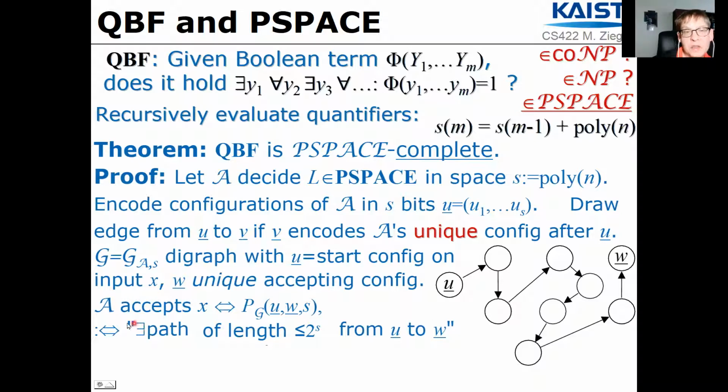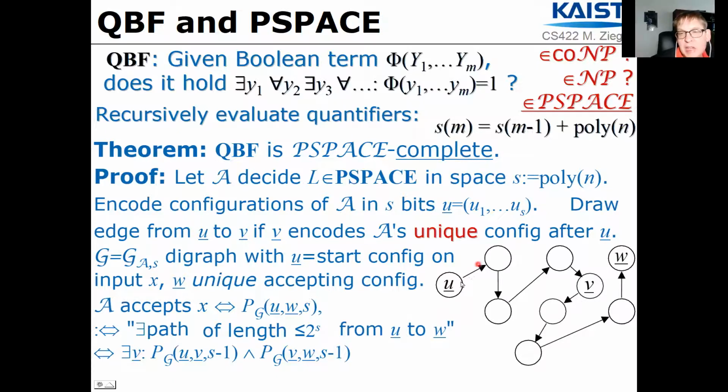Also, it's very informal, that's why it's put in quotes. Now let's get this a little bit more formal by saying that there exists an intermediate vertex. That's an important observation.